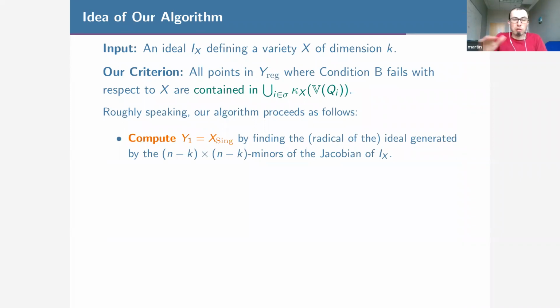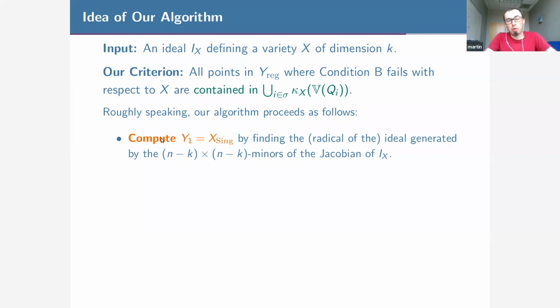So let's try to write out what the algorithm looks like, to be very precise. We start with an ideal I_X defining a variety of dimension k, and we want to find all points where condition B fails.